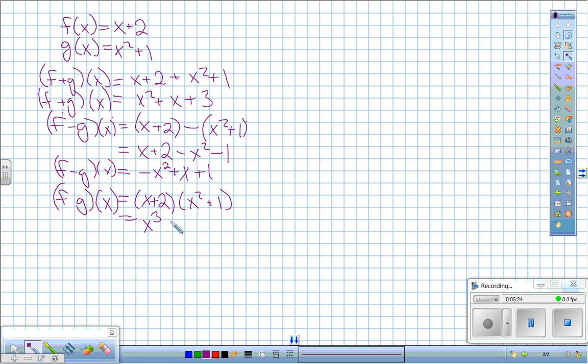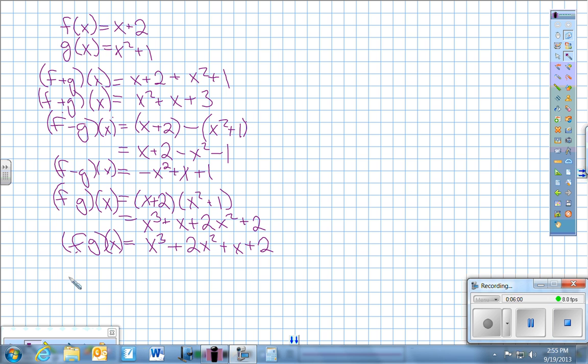X times 1 will give me 1x, I'm not going to write the 1. 2 times x squared is 2x squared. And 2 times 1 is positive 2. Write it in descending order, and I will have x cubed plus 2x squared plus x plus 2. And that will be f times g of x. And we do pretty much write everything in parentheses.